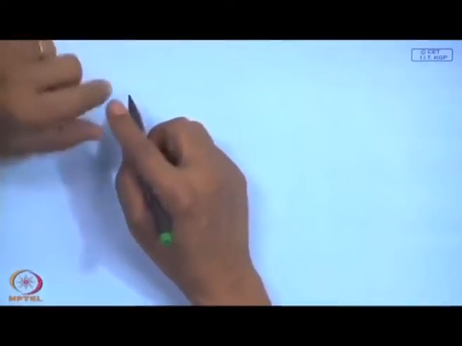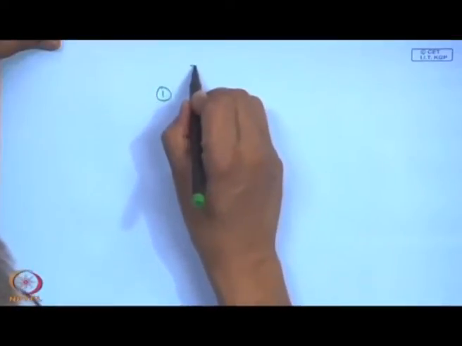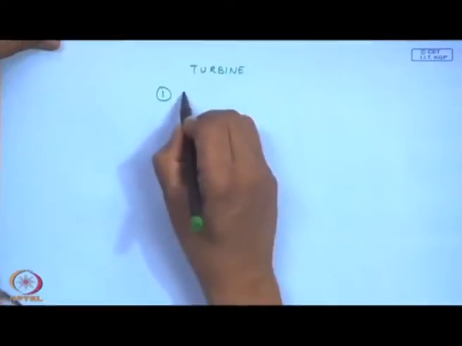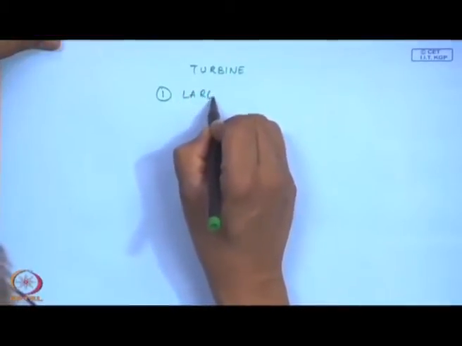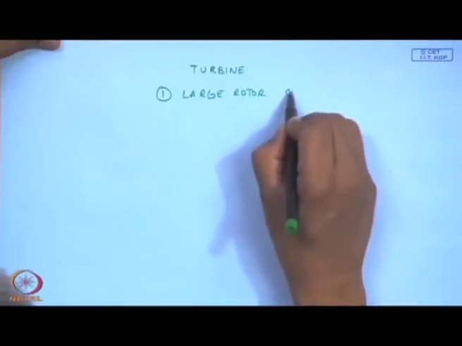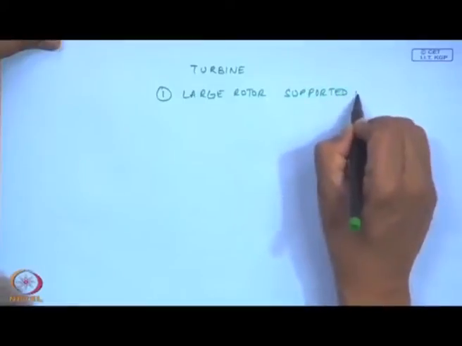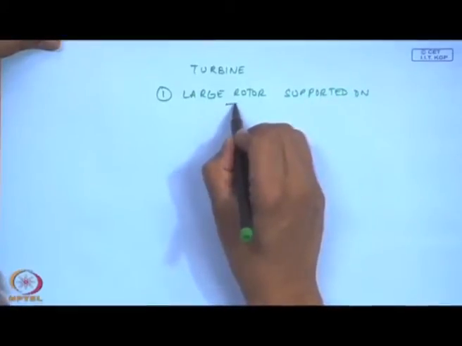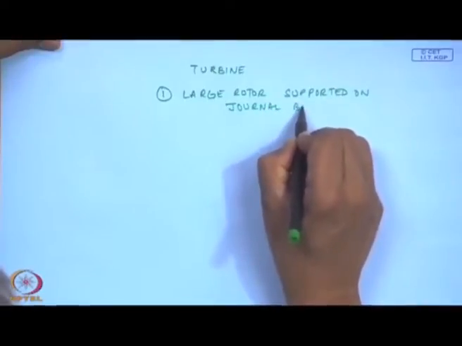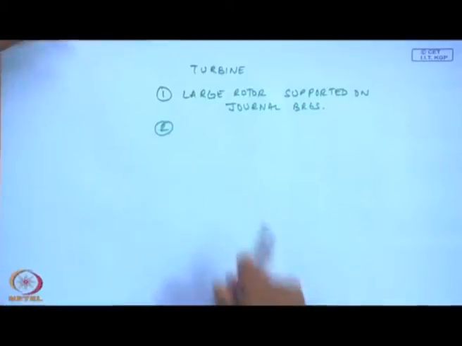So, in a turbine, what are the important characteristics? Large rotor supported on journal bearings. Okay.